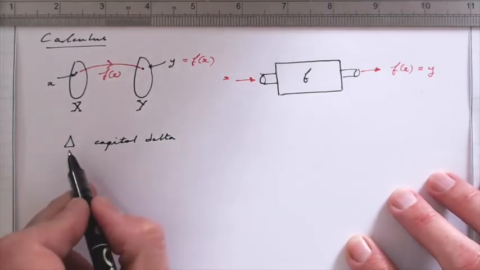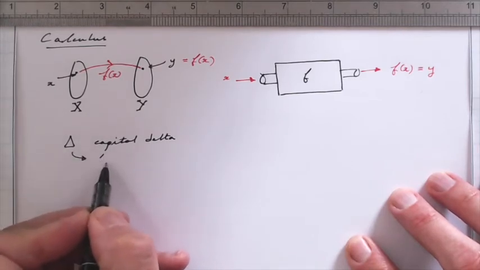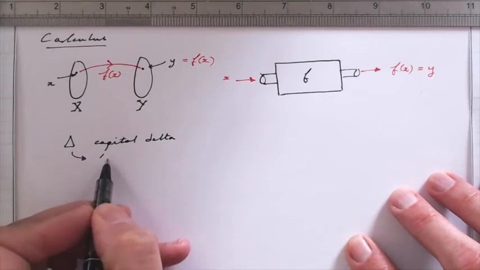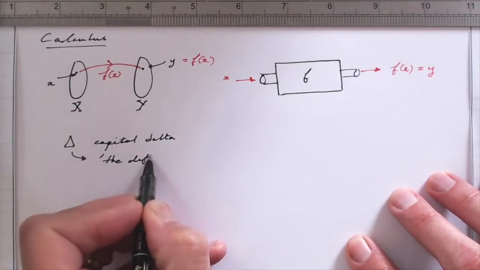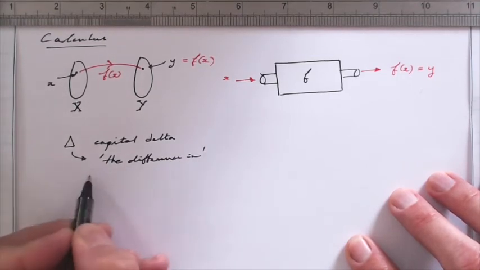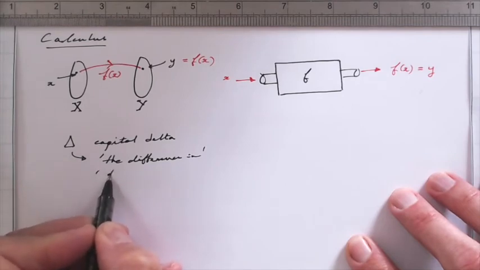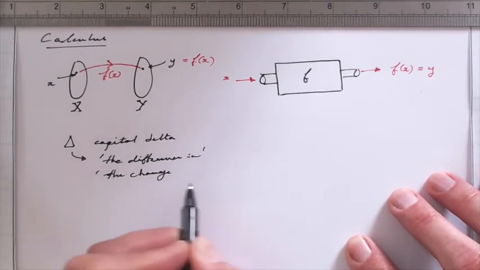It's used in mathematics a lot as shorthand for the phrase "the change in" or "the difference in." It depends slightly on the type of sentence that you're trying to construct mathematically.